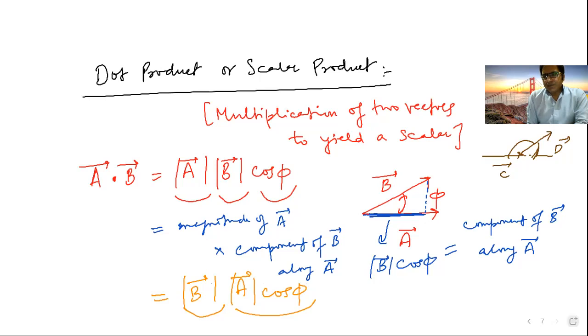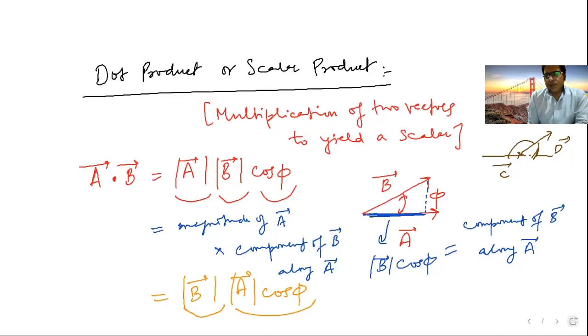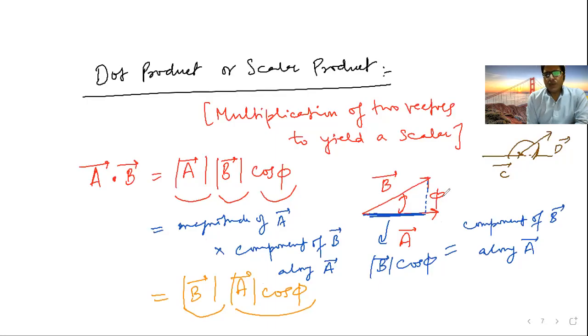Another thing is, first, here the angle between A and B is acute. Cos of an acute angle is positive. So in this case, A dot B will be greater than 0, right?